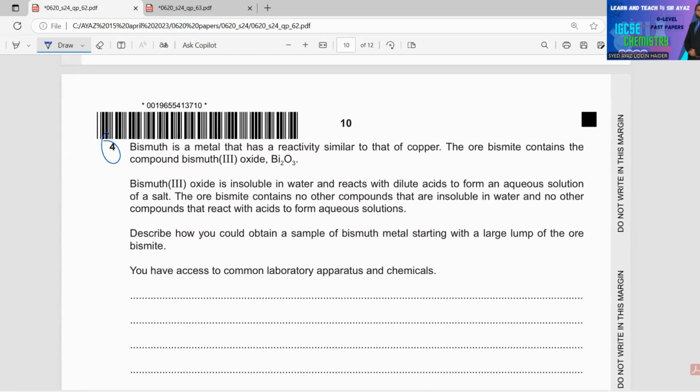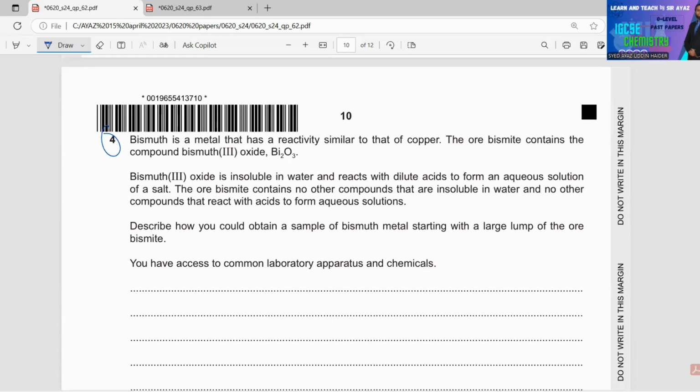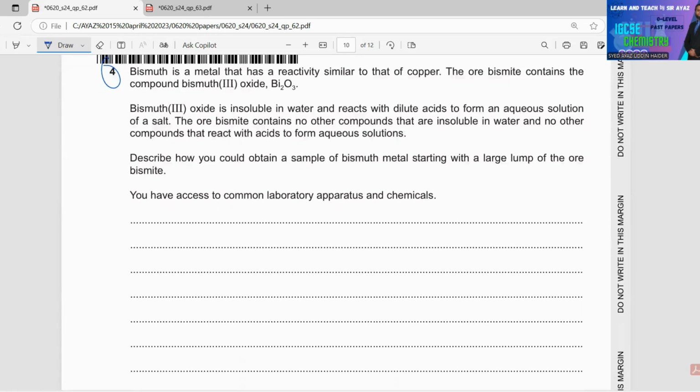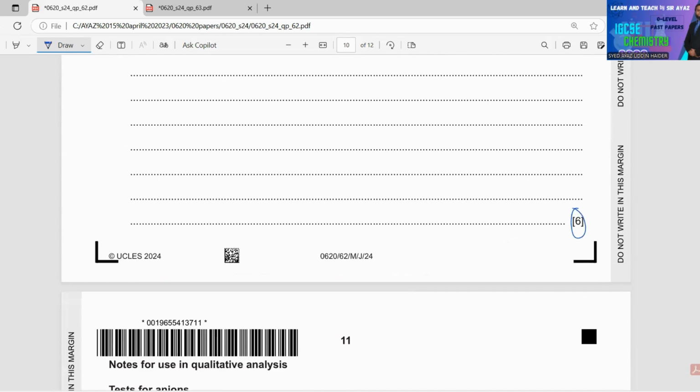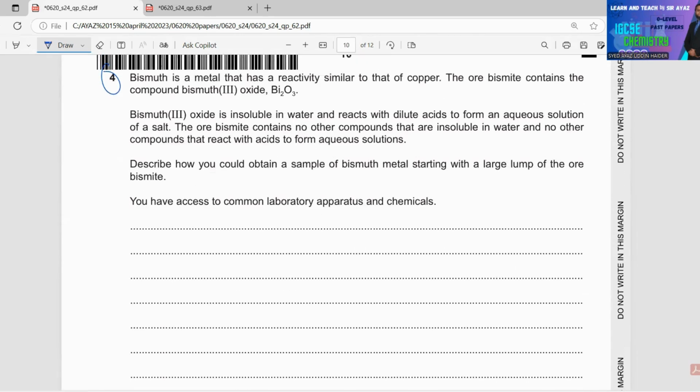Describe how you could obtain a sample of bismuth metal starting with a large lump of the ore bismuth. You have access to common laboratory apparatus and chemicals. Now, they are not asking you to draw a diagram. The total mark for this question is 6. So how are you going to divide it?